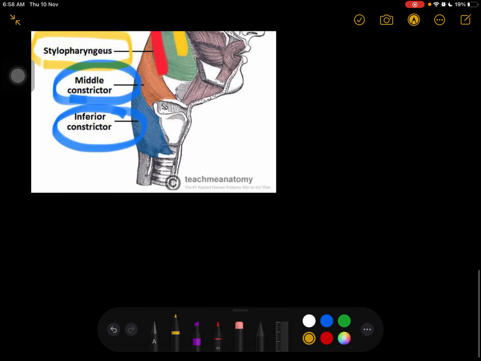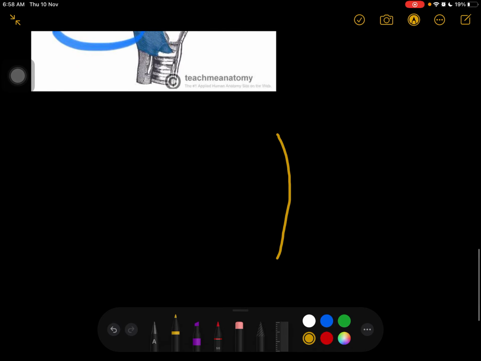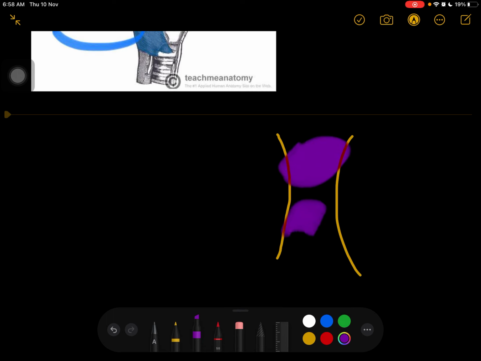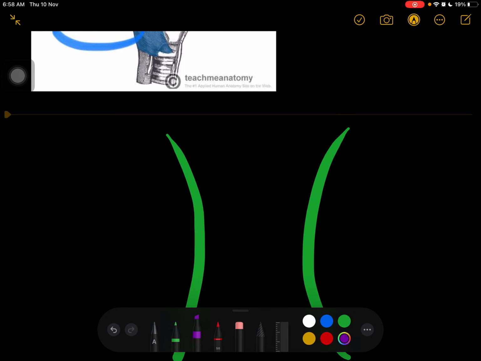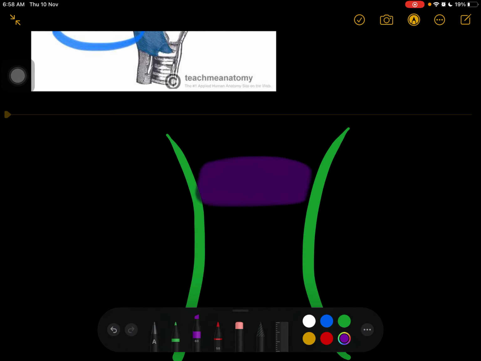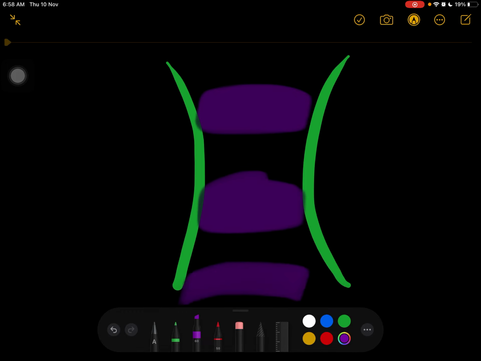Let me draw the diagram over here. As you can see over here, we are having first, here we are having second, and here we are having third.